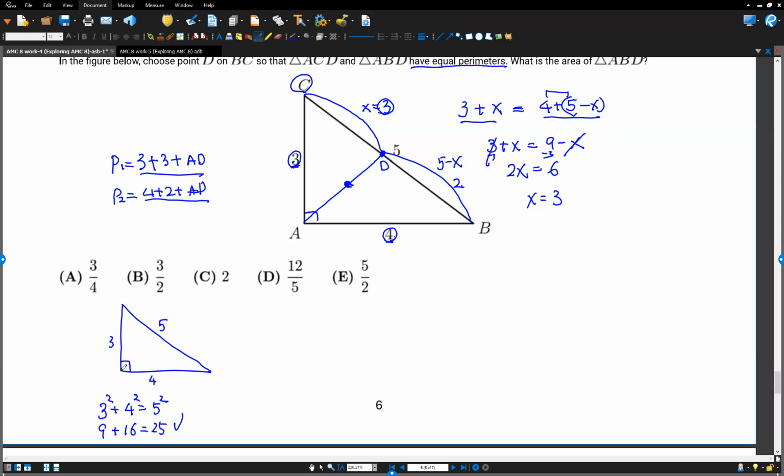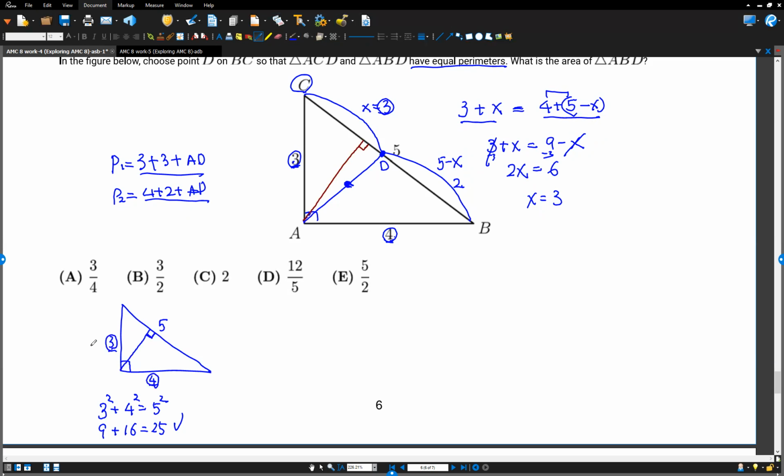Now you're going to find the altitude over here. This is the height of this triangle. I'm going to make a graph. How can you find this altitude? What is the area of the triangle using these two legs?